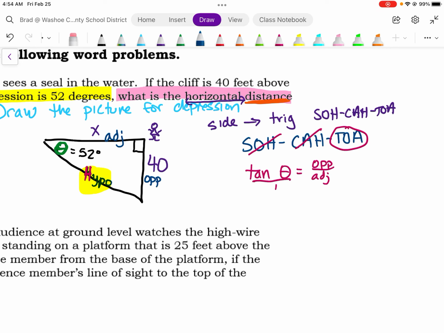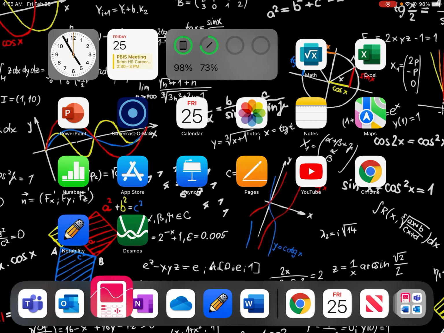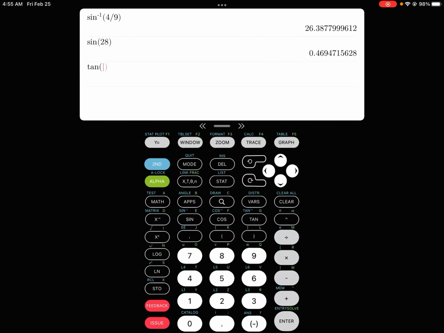So let's plug in our information that we know. So tangent of 52 degrees over 1 is going to be opposite over adjacent. And so now I'm going to use my calculator to do tangent 52. If you haven't seen that before, but if you get out a good old calculator, you're going to see the tangent button.